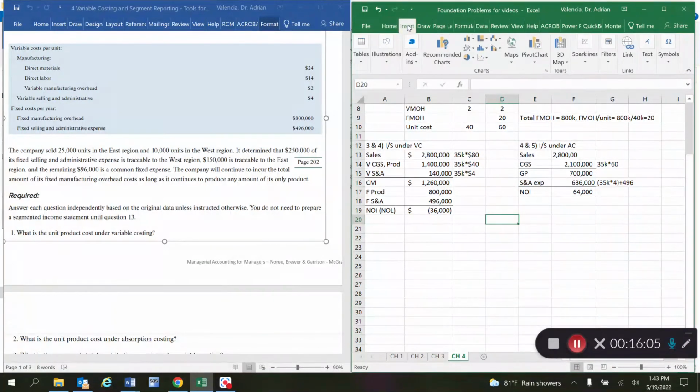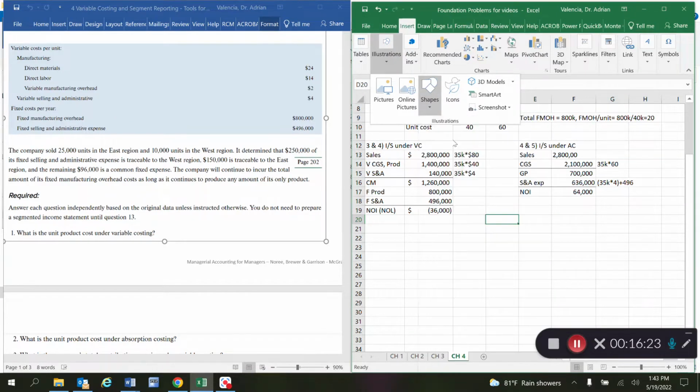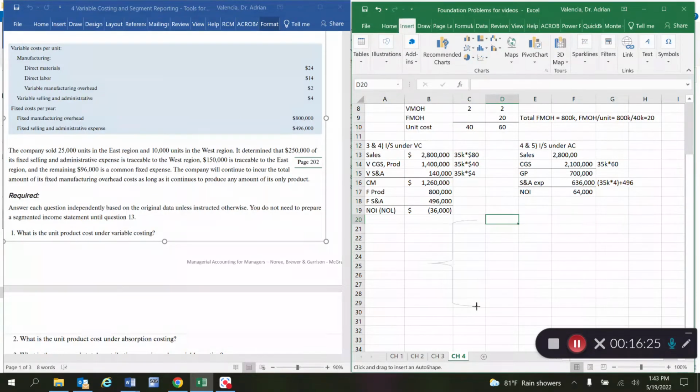So let me put a little bracket here because we need to explain this difference.